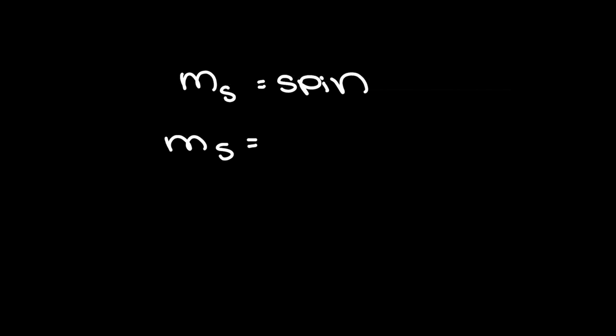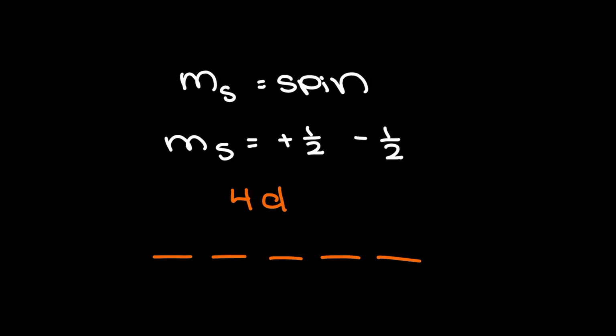Now moving on to the last quantum number, which is m sub s, which is the spin. Now m sub s can either equal positive 1/2 or negative 1/2. So let's again say we have the d subshell. So we're going to draw out our 5 lines for the d subshell. And now let's say there are 4 electrons.